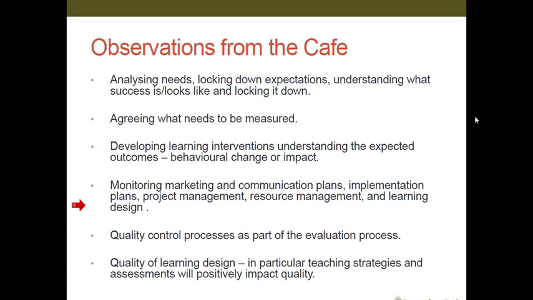So things like communication plans and implementation plans and the project management issues, resource management, learning design, all those things need to have fair and square right in front of their faces, when you're developing it, what the learning outcome actually is, so we don't go off the track. So you can consider quality control as part of the evaluation process itself, and it happens right throughout the whole process.